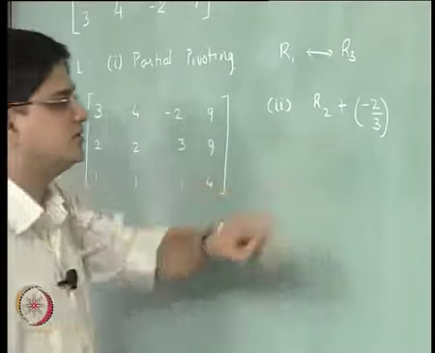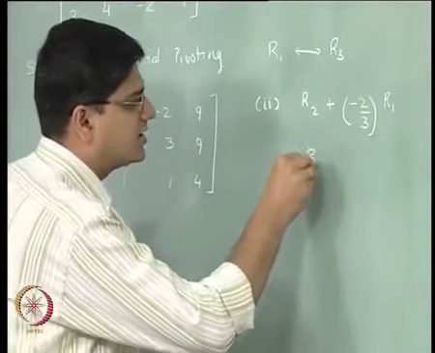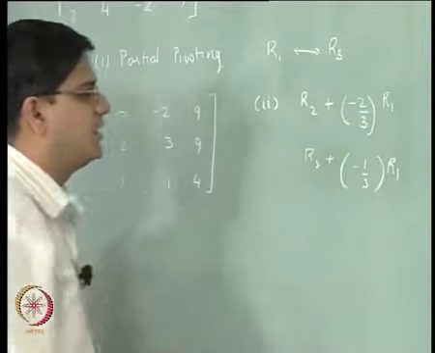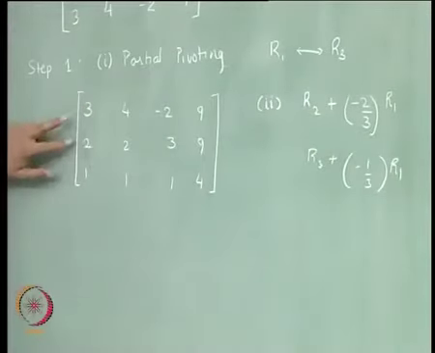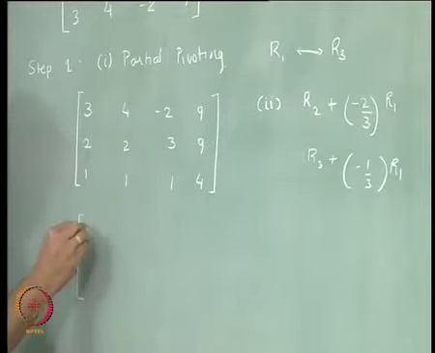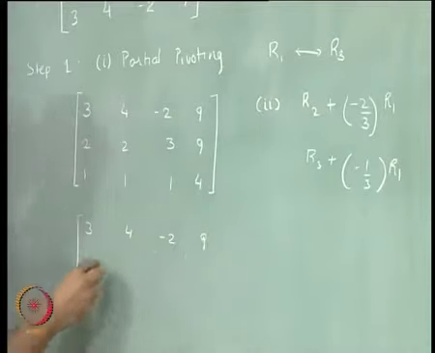So, R2 plus minus 2 divided by 3 multiplied by R1, and R3 plus minus 1 by 3 multiplied by R1. Okay.